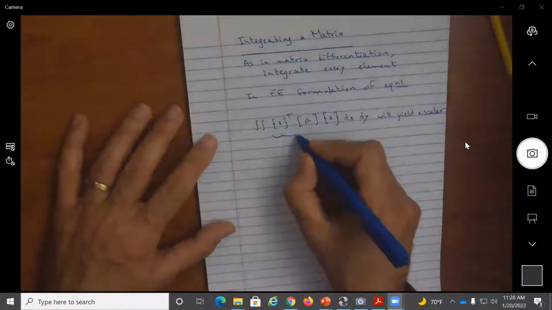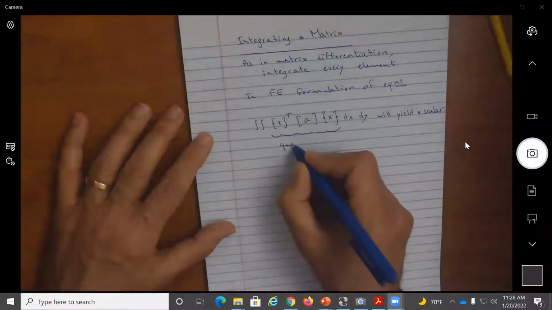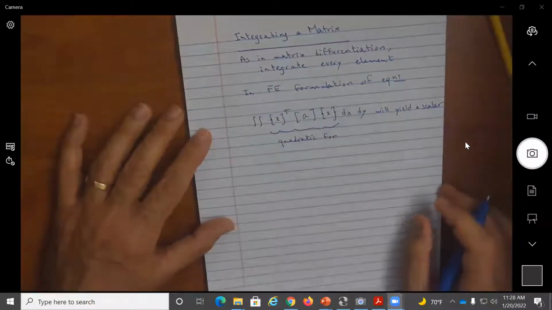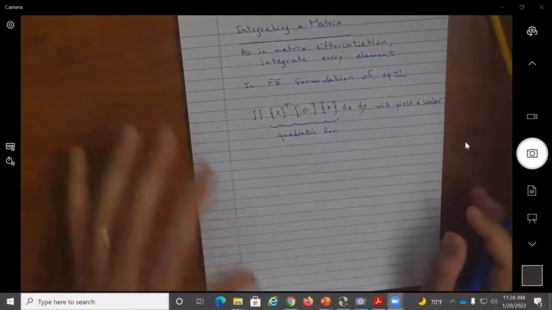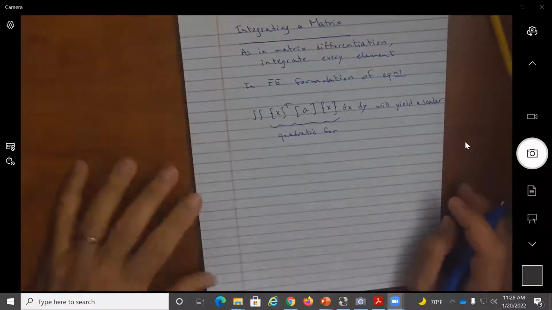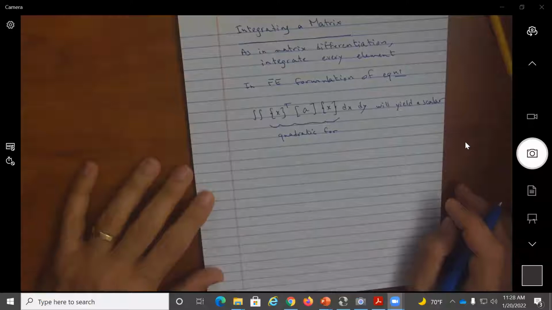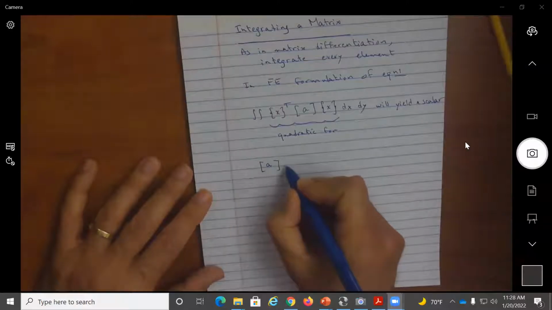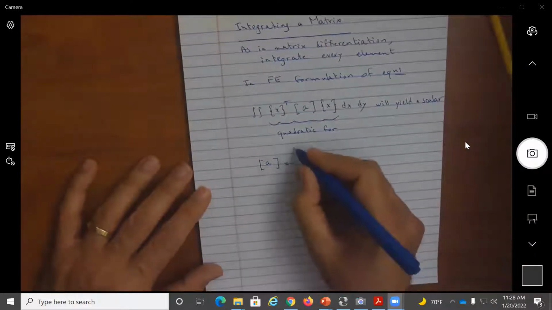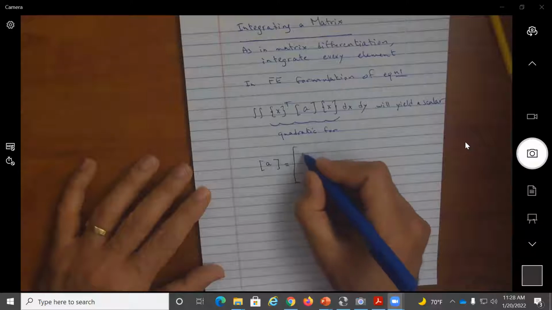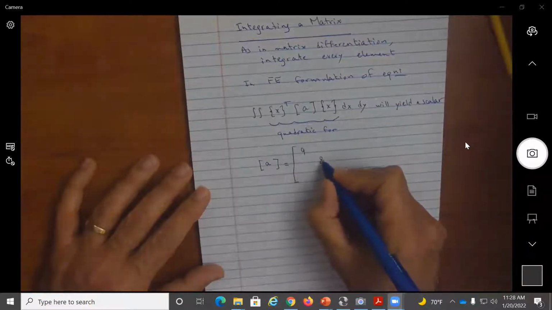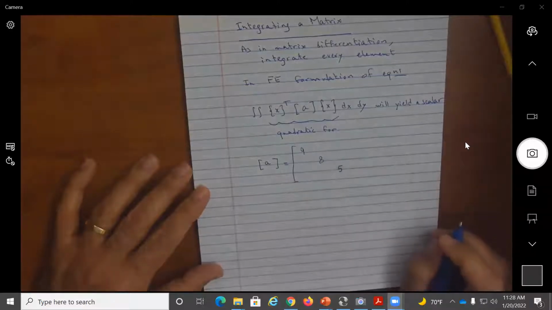Now, again, this is known as the quadratic form. A has to be symmetric. So even if I go to a 3 by 3, I have diagonal members 9, 8, 5, a numerical example here.